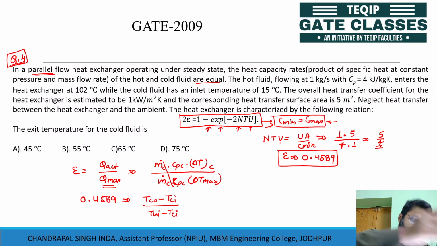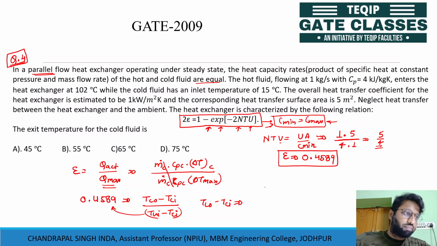Then we will have the product of effectiveness and the maximum temperature difference equal to T cold outlet minus T cold inlet, which is equal to 39.92.